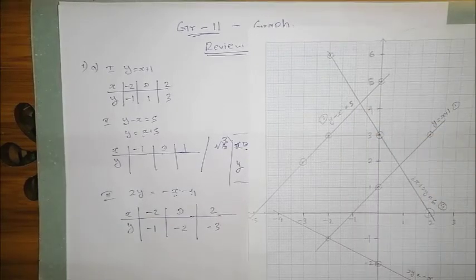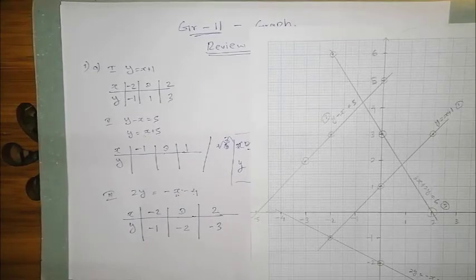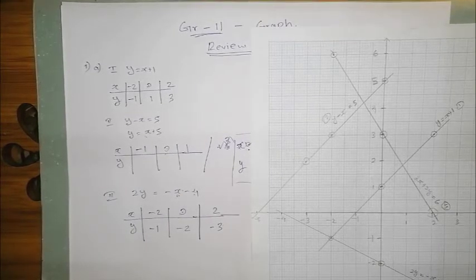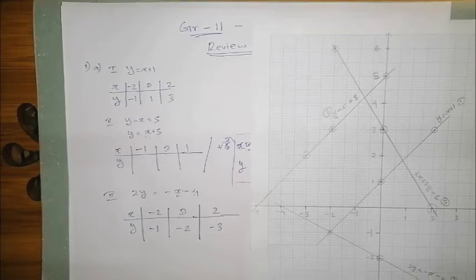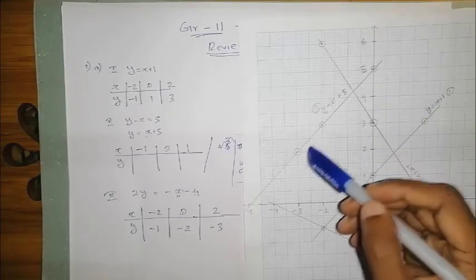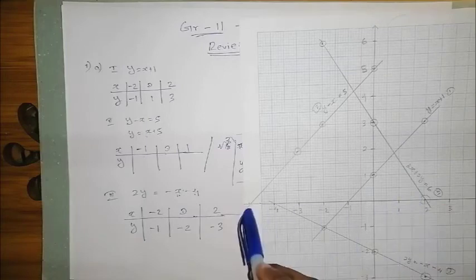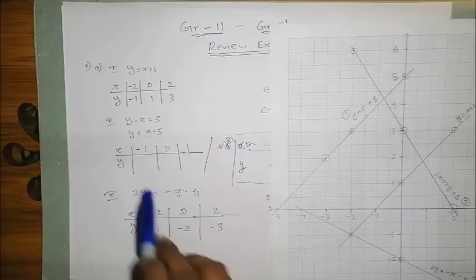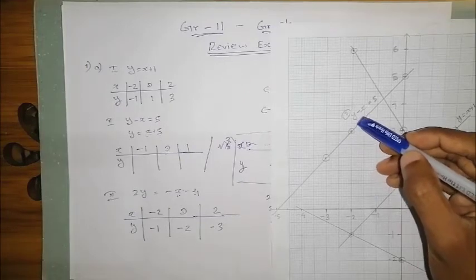But the second part, the B question, what they are asking is to write down the coordinates of the points at which each straight line intersects the main axis. So the question of B is, you need to write the coordinate where the straight line intersects the y-axis and x-axis. If you take minus 1, 0 and 1, the graph stops here.